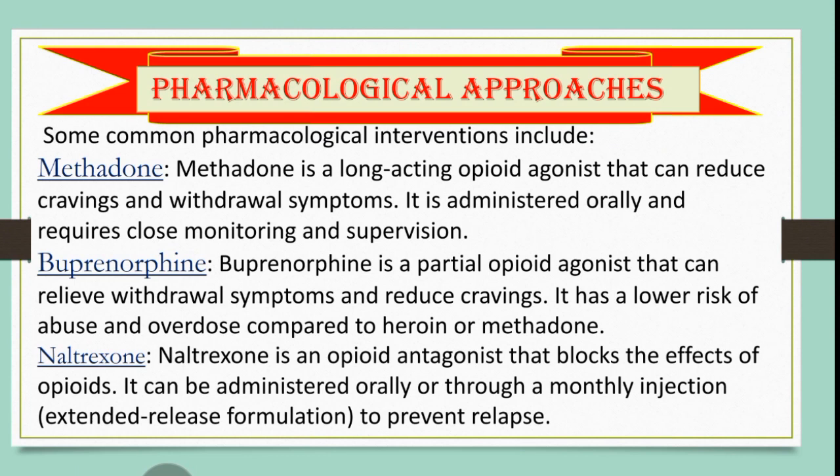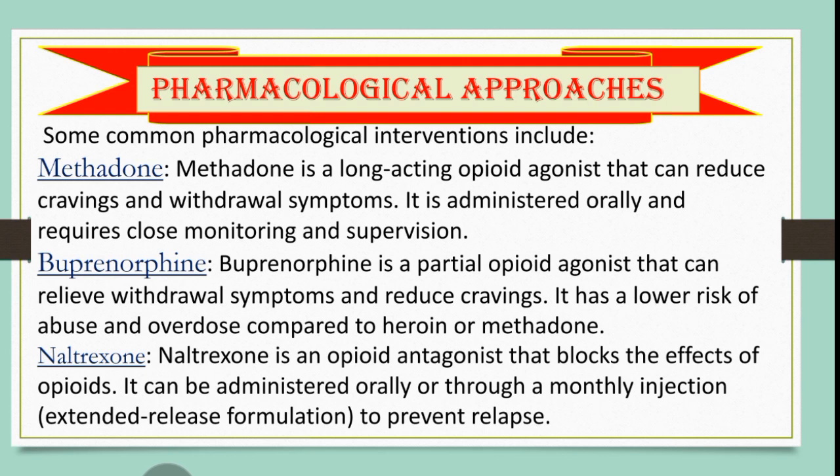Pharmacological approaches. Some common pharmacological interventions include methadone, and methadone is a long-acting opioid agonist that can reduce craving and withdrawal symptoms. It is administered orally and requires close monitoring and supervision.